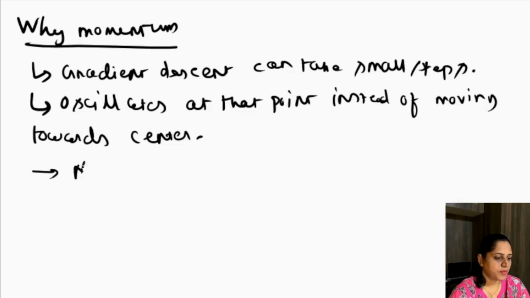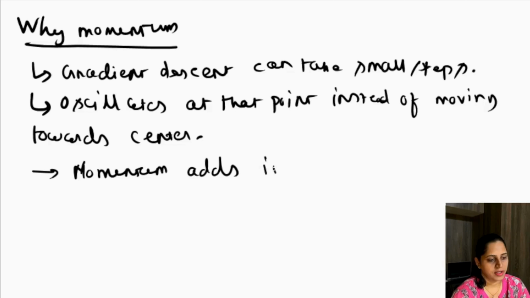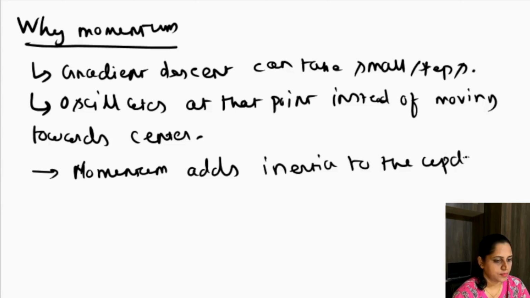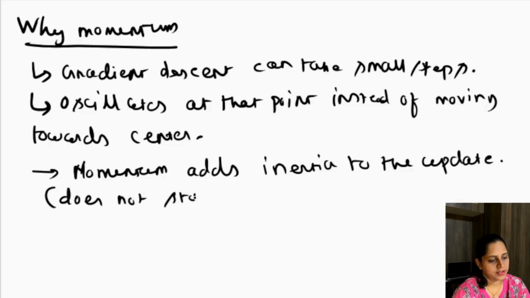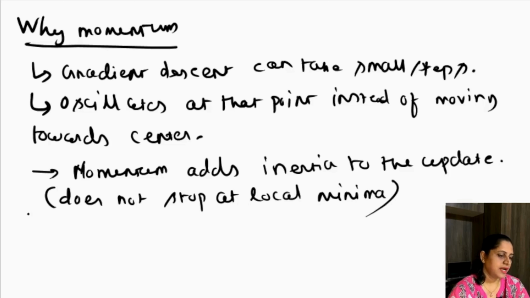At the same time, momentum adds inertia to the update. So all I can say is that it does not stop at local minima. And again, the learning happens in a relevant direction. It won't change direction the way the image showed, where we have a negative gradient and a positive gradient. It's not like that.